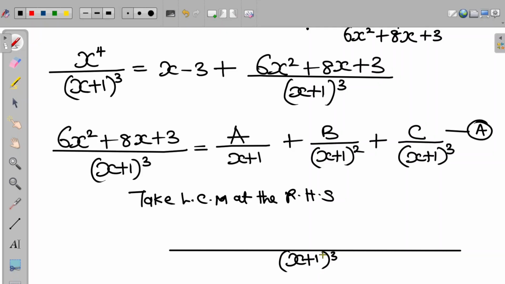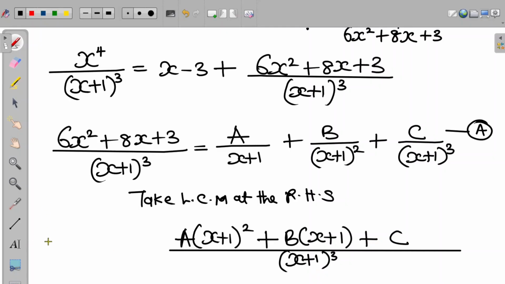So the LCM divided by x plus 1 will be left with a multiplied by (x plus 1) all squared, plus also the LCM divided by (x plus 1) all squared will be left with b multiplied by (x plus 1). Also, the LCM divided by (x plus 1) to the power of 3 will be left with c.